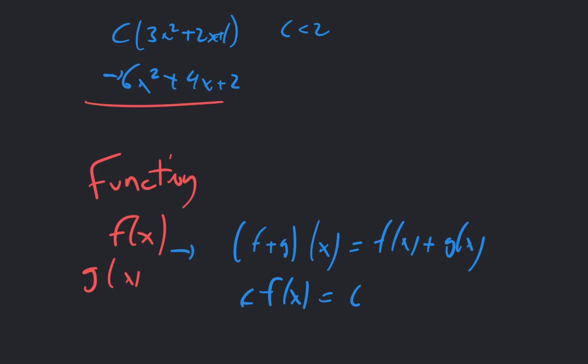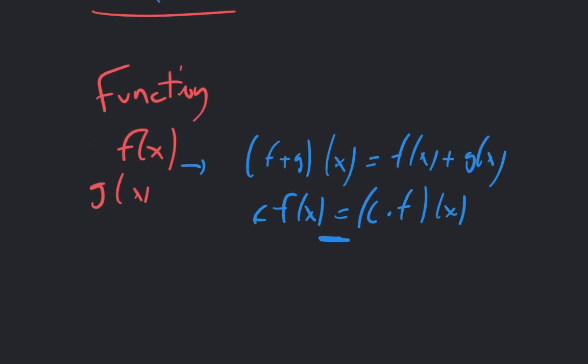What I have in my notes is c times f of x. That would be like if you have x squared and you're multiplying by a constant, now you have, say, 2x squared or 3x squared. But it's essentially just x squared times some constant.